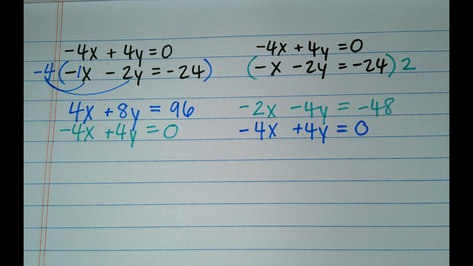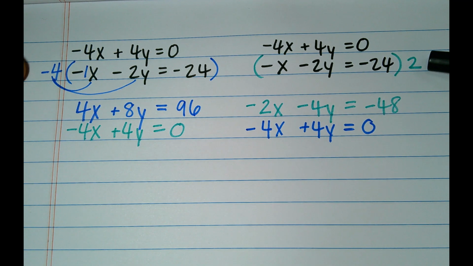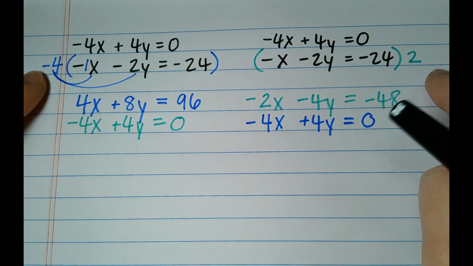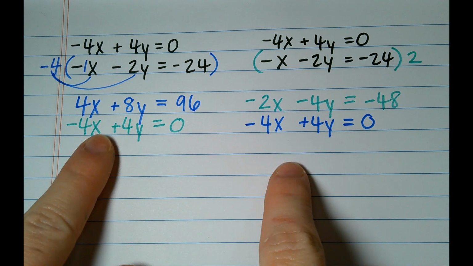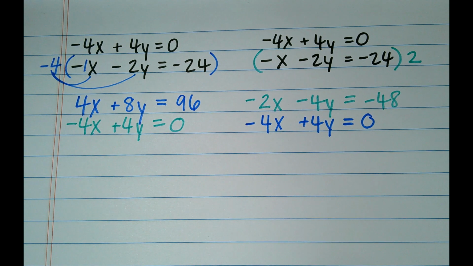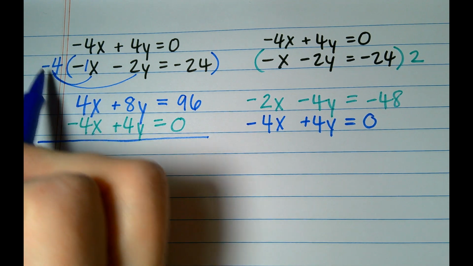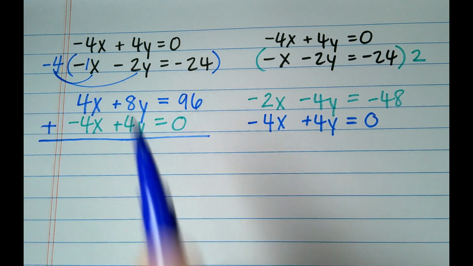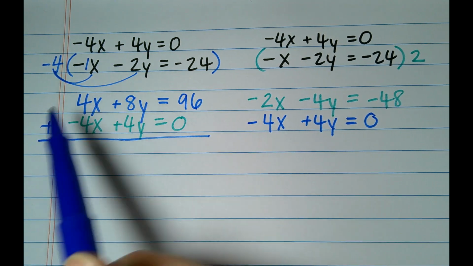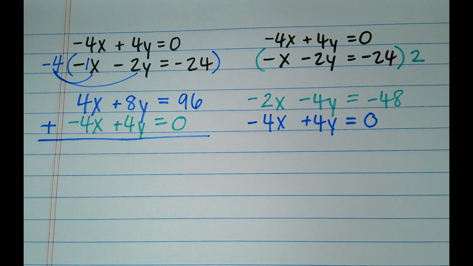Do we see the difference between what's happening in both of these examples? We're switching the number that we're multiplying by, and that's going to change which variable cancels out in this first step. So if I did this scenario where I multiplied everything by negative 4 and I add my equations together, what happens to my 4x minus 4x?